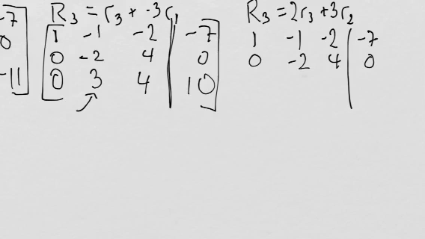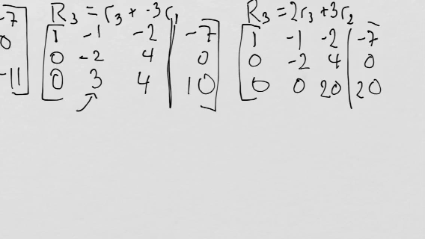And then this third row, we know that one has to stay 0. And then this next one is 0. And then this last one is 20 and 20. So now that we have that, let's move on to the next one.